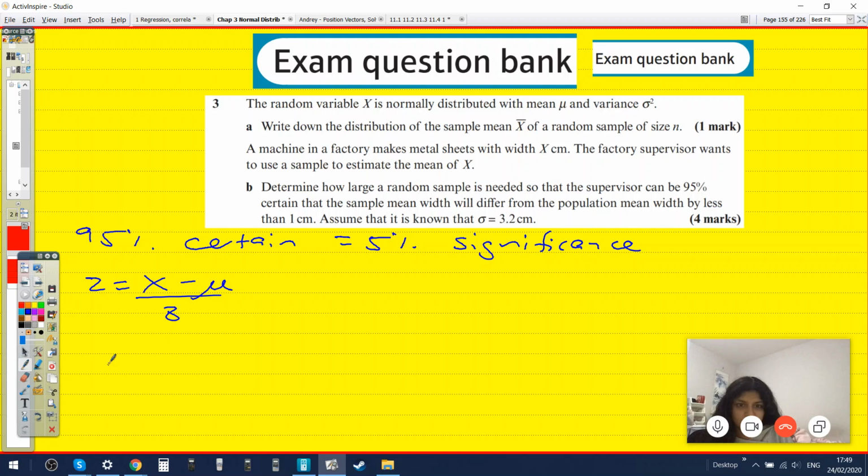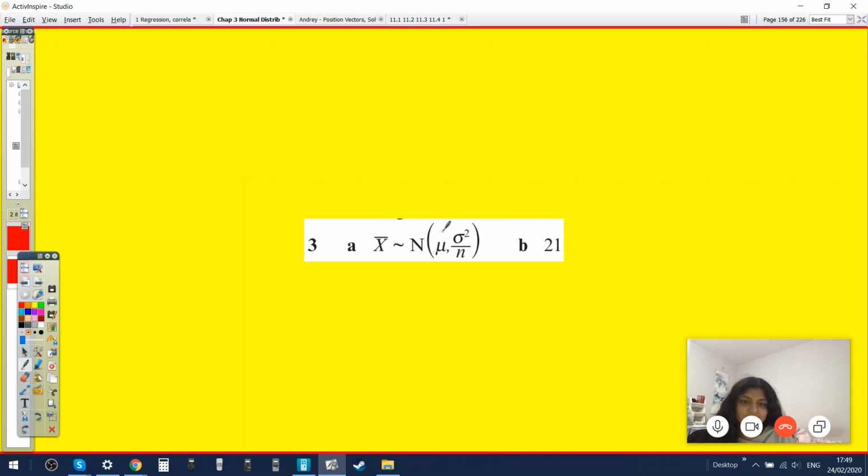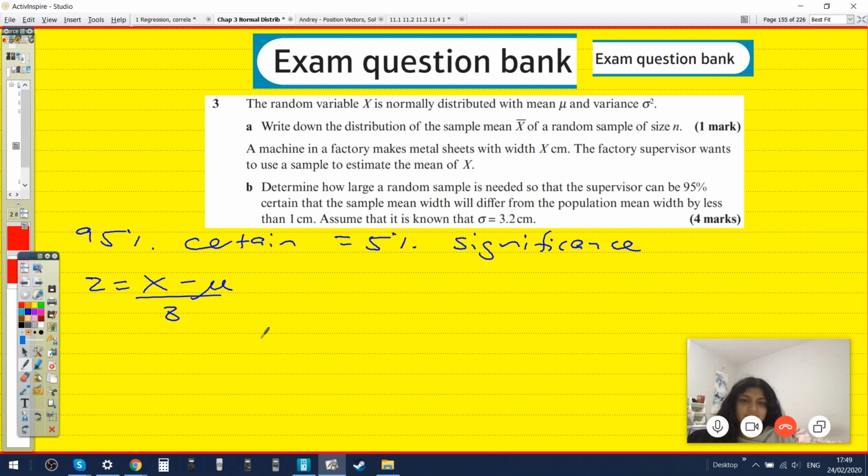In the calculator will differ from the population mean width by less than a centimeter. I have no idea. Let me just take one last look at this. So the width is x. X is normally distributed.